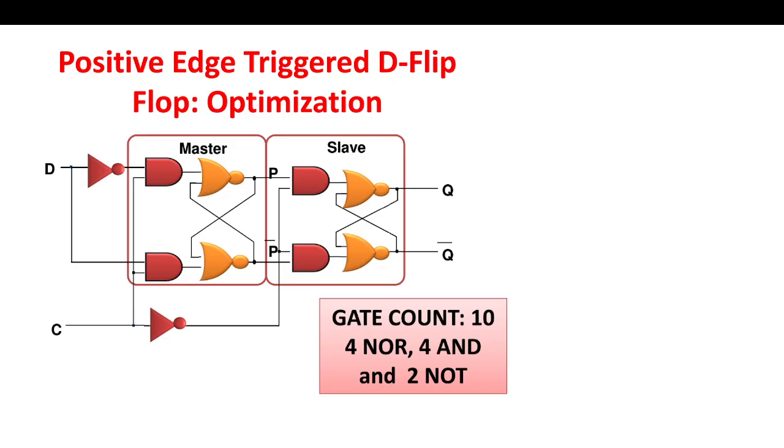This signal is the enable, which is the clock now, and the complementary goes here. When we have S and R, we connect complementary values. This D flip flop consists of a total of 4 NOR gates, 4 AND gates, and 2 NOT gates.